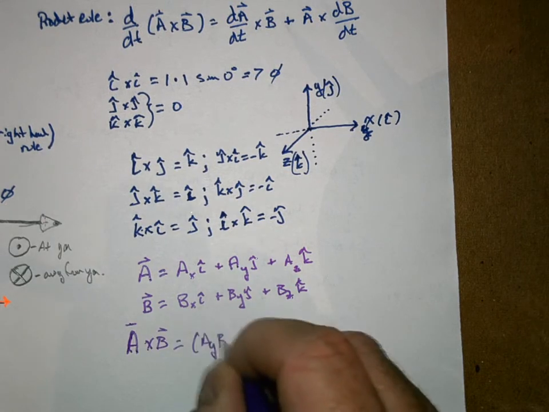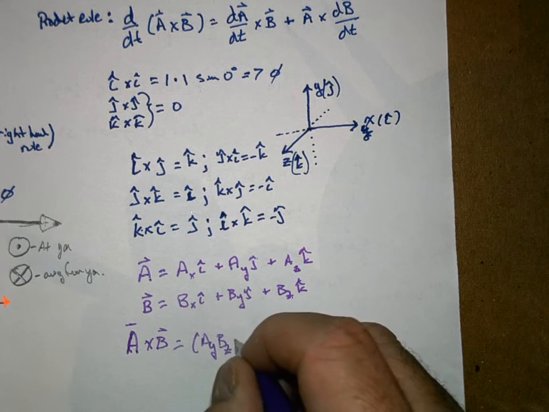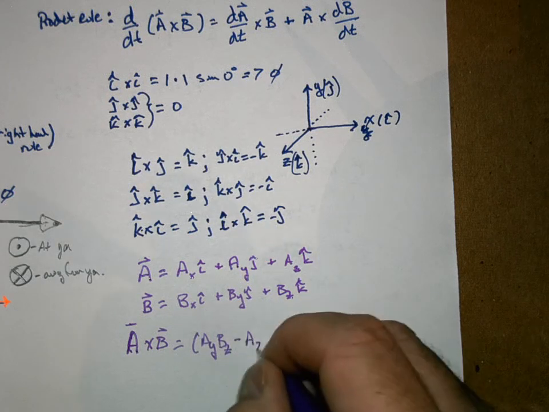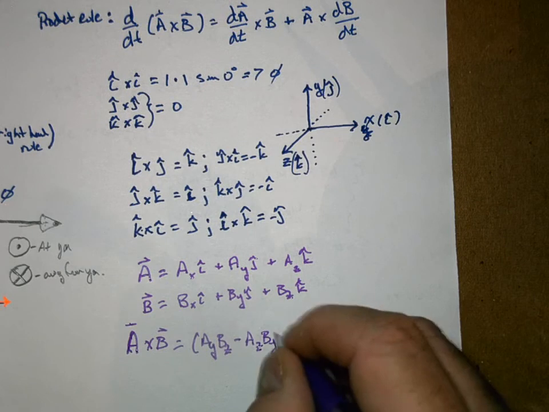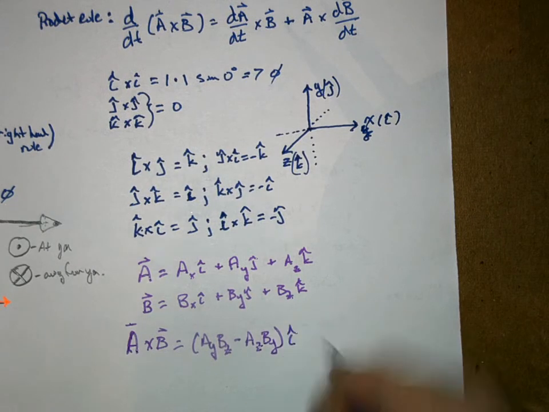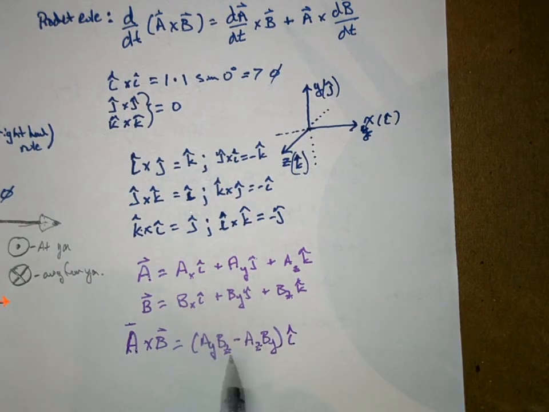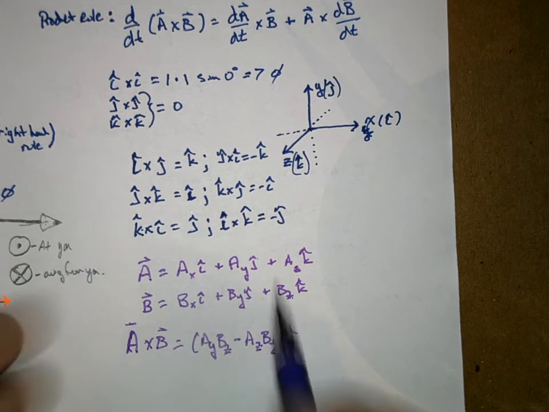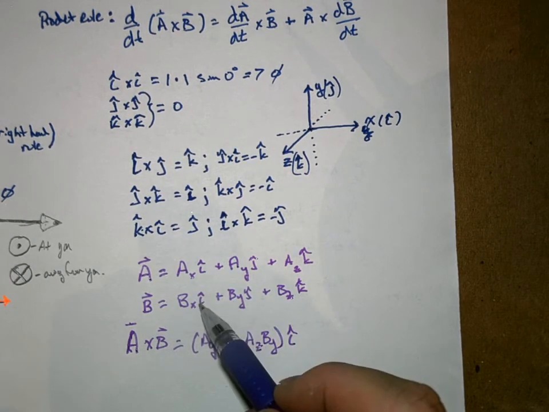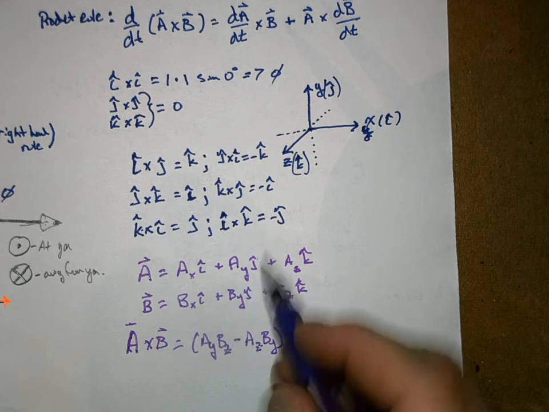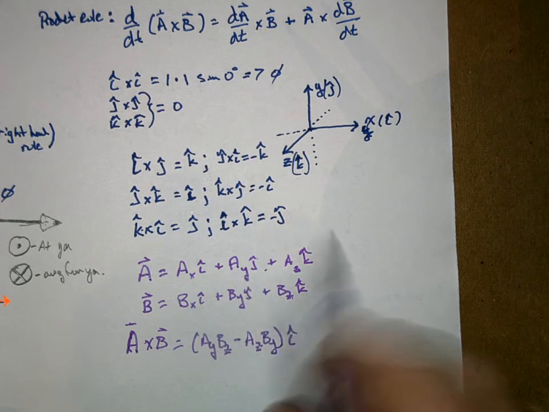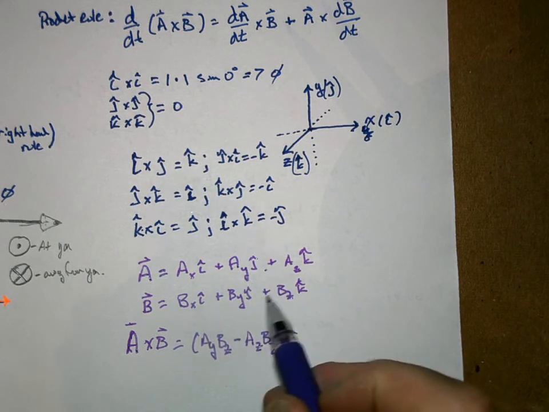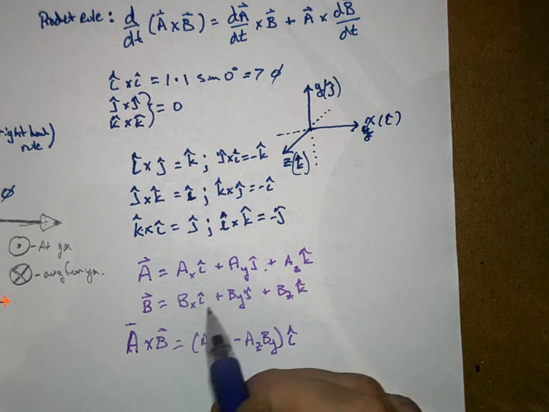AyBz minus AzBy, times i hat. Notice that these are the y and z components, so i cross i is 0, right? So then we're just looking for the things that are in the i direction.